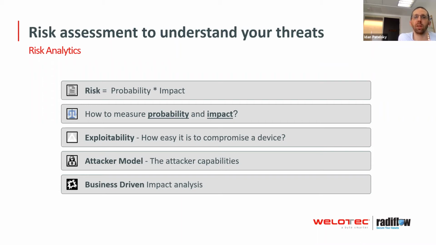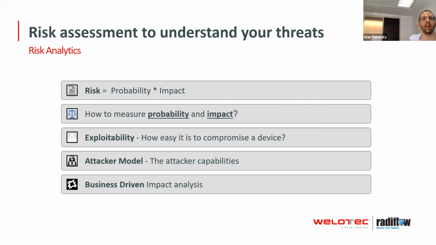Different attackers have different capabilities. And if I'm measuring myself against one attacker or against another attacker, the risk will obviously change. And lastly, we really need this business-driven impact analysis, meaning not just a flat analysis, but one which is correlated with your business and operation.